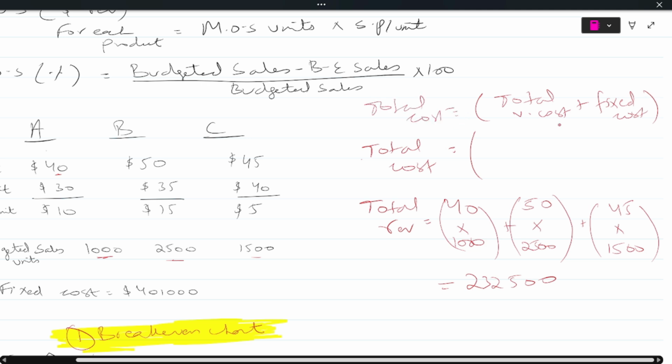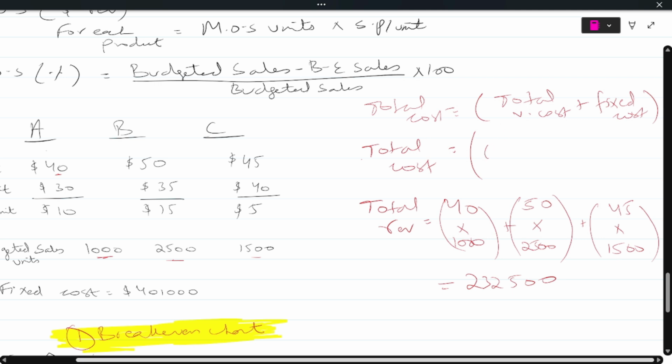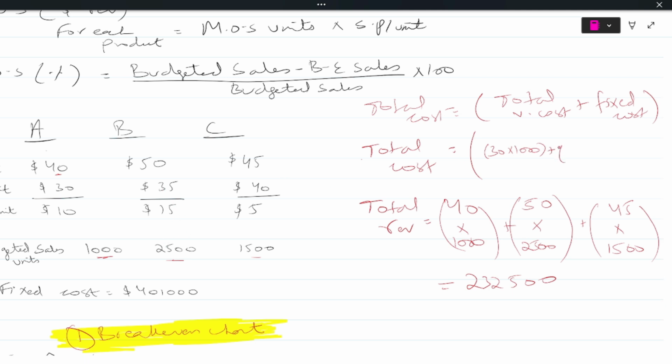Right? And when I say total variable cost, it means total variable cost of all 3 products, right? So that is going to be 30. That is the variable cost of product A times 1000, right? So 30 times 1000 plus 35 times 2500, right? 35 is the variable cost for product B times 2500, that's the units, right?